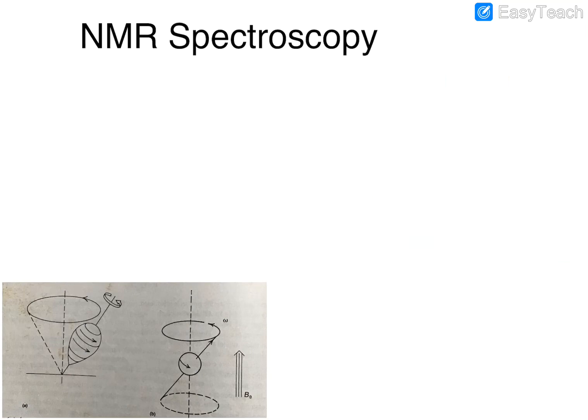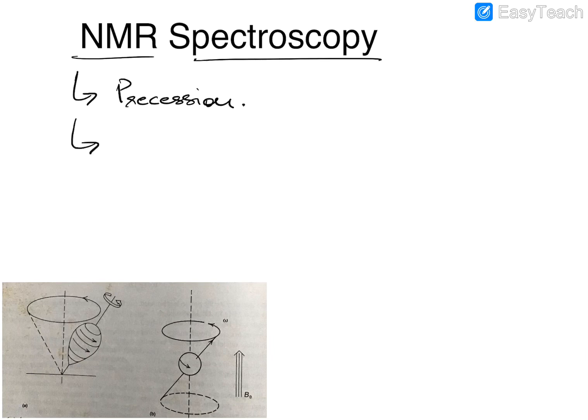A few terms will keep repeating through all the standard texts which are there involving NMR spectroscopy. One of them is precession, and the precession happens with a characteristic frequency called the Larmor frequency.